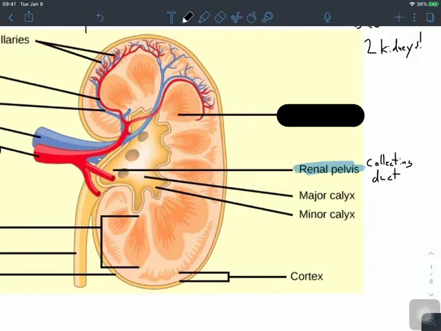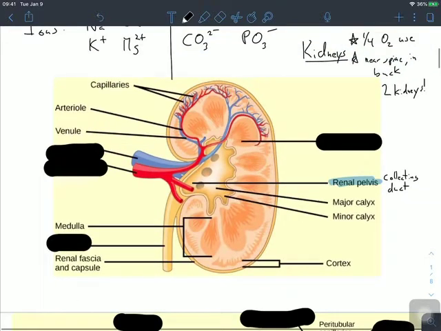So this is your urine on its way to your urinary bladder. The renal pelvis has many different cups, or calyxes, that then feed into the ureter, the transport tube for your urine on its way to the urinary bladder.